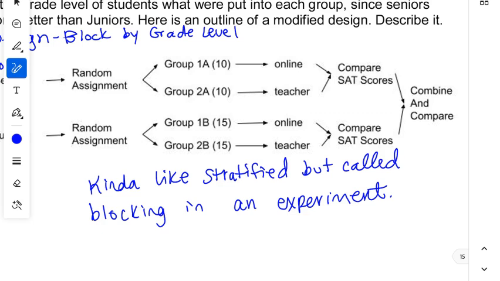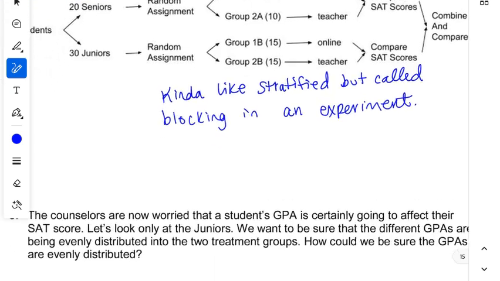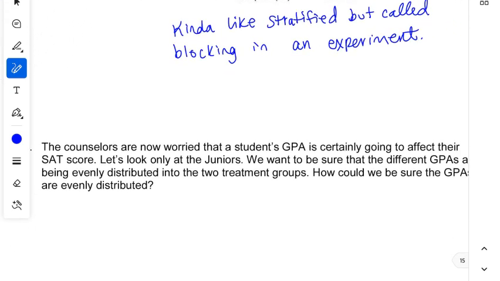So whenever you block, you want to block before you randomly assign. That way you have two similar groups. So we had the similar group of seniors, similar group of juniors, and then we randomly assigned.